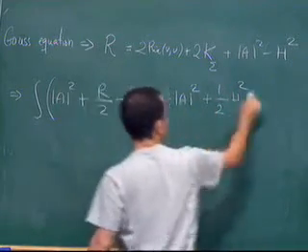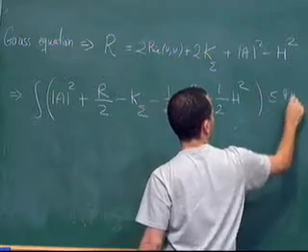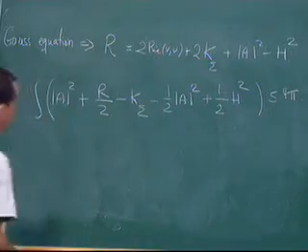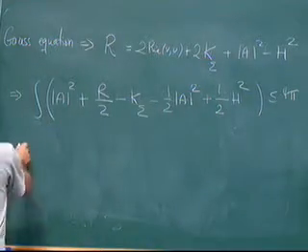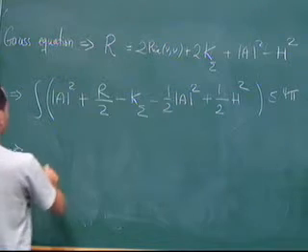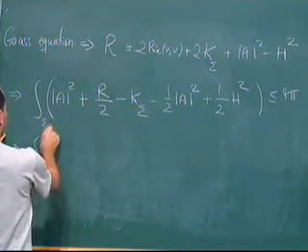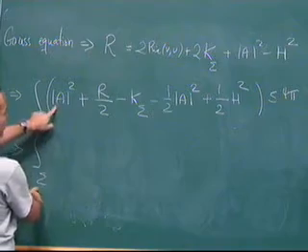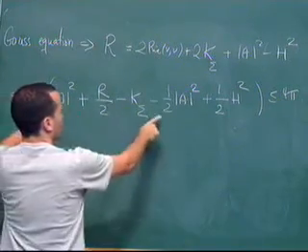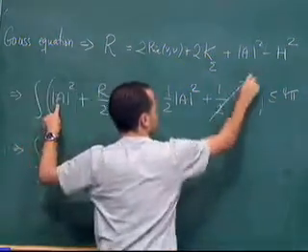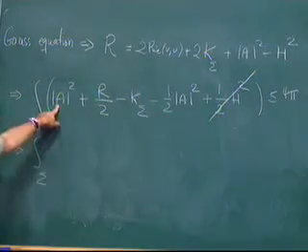I know that this is at most 4 pi, right? But now, the projective plane is minimal, right? So the mean curvature is 0 in that case.